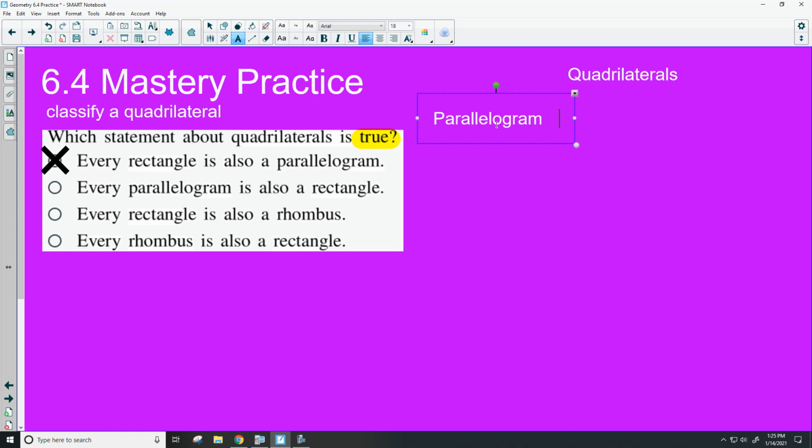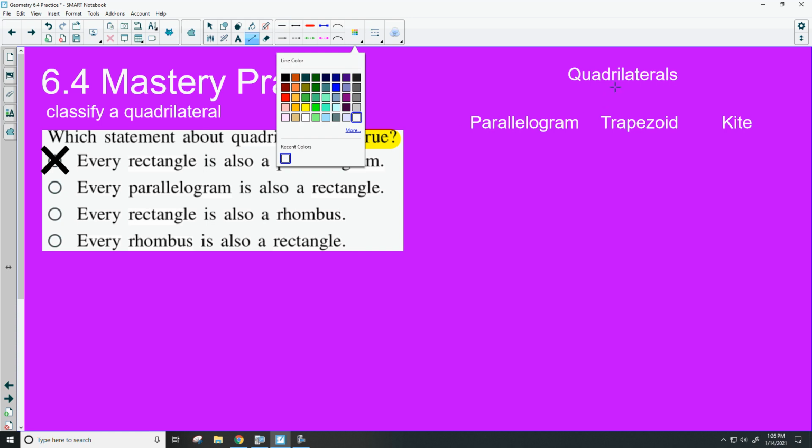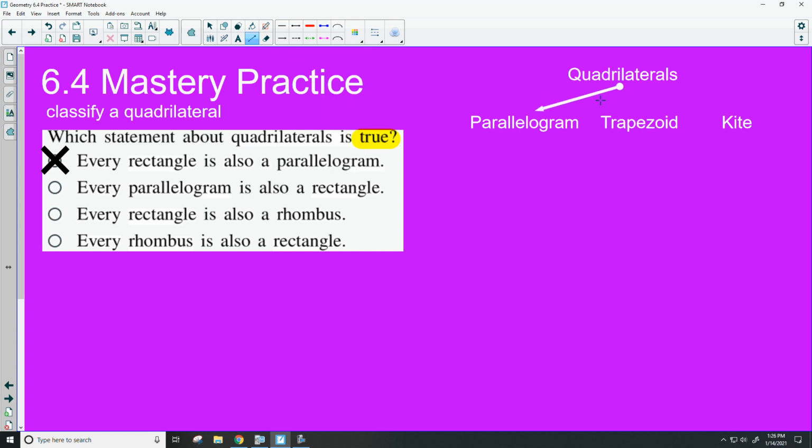If it has 1 pair of parallel sides, it's called a trapezoid. And if it has no parallel sides, but it has consecutive sides congruent, it's called a kite. So that is 3 different types of quadrilaterals. A quadrilateral could be a parallelogram, a trapezoid, or a kite.